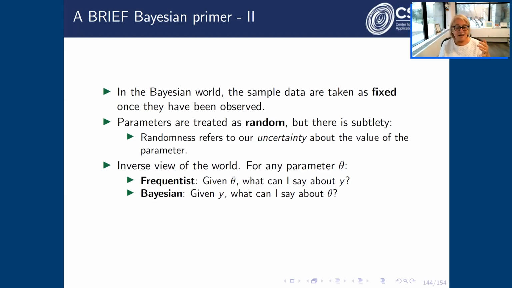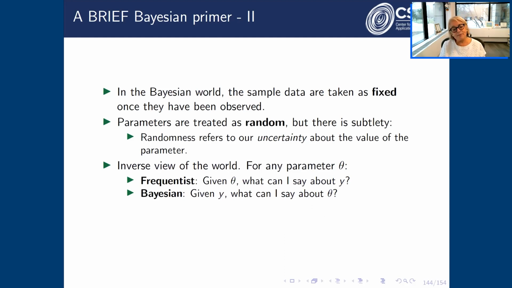In the Bayesian world, we say that once I have drawn my sample and observed the data, the data are fixed. Those are the data on which I am going to rely in order to say something about the population quantity of interest.